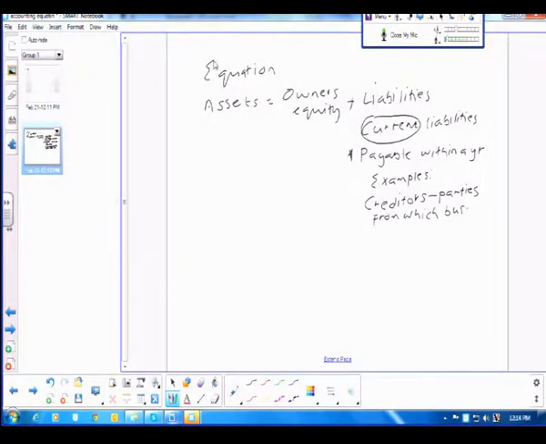If we have suppliers and we can buy goods from them on credit, not for cash, these people become our creditors.